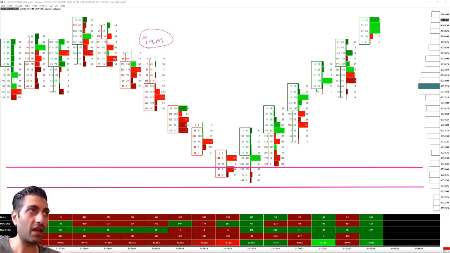So I'm looking for the market to sell off and then I'm looking to fade it. Same thing applies the other way. If I was looking for the market to rally and buyers to get trapped, here I'm looking for sellers to get trapped.